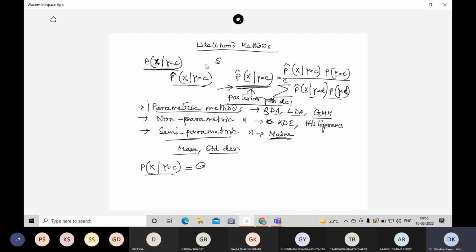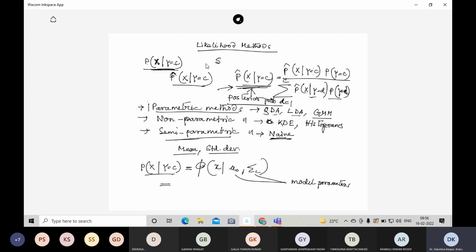So we can write p of x given y equals c. This is given by phi of x given the model parameters mean and standard deviation. Here mean and standard deviation, these two parameters are called model parameters.